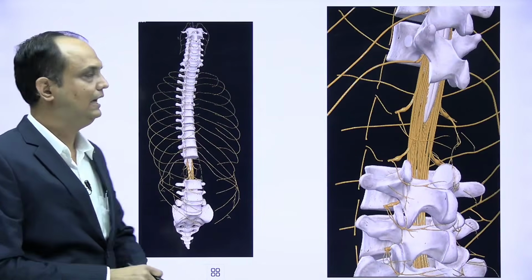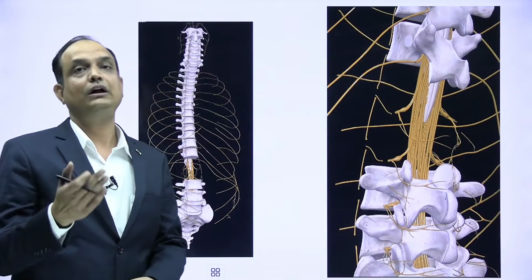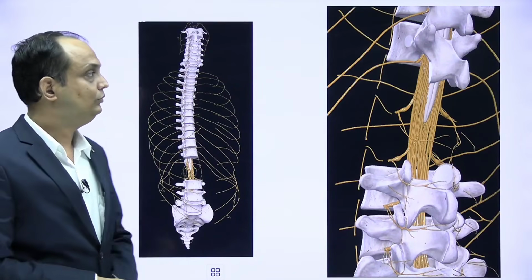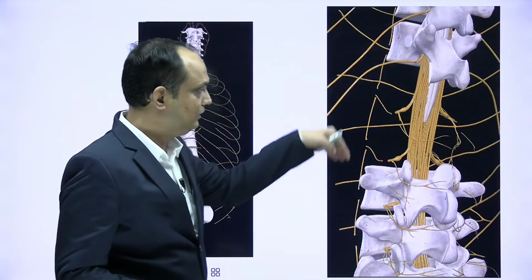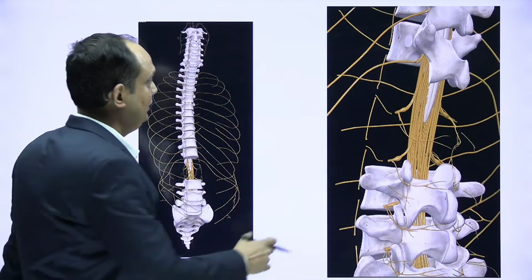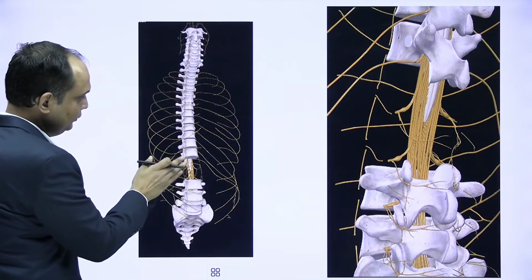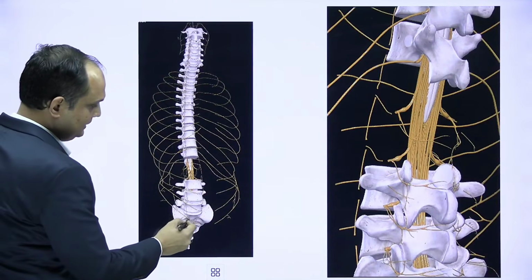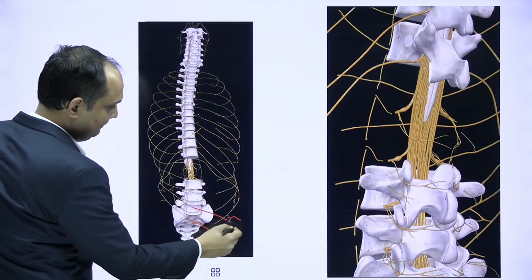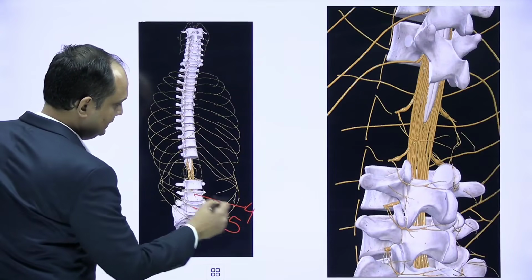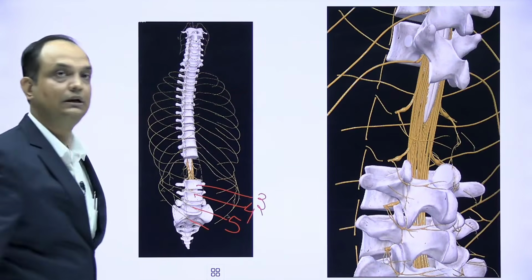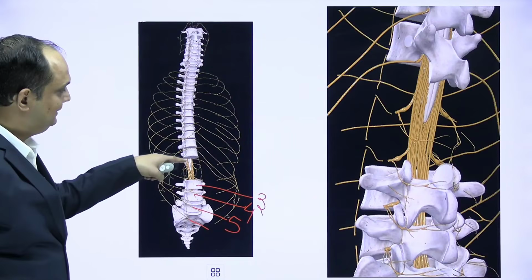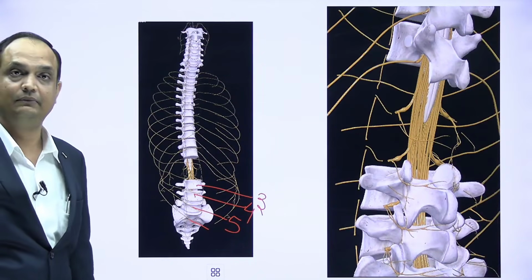Now here I am trying to show you at what level the spinal cord ends. You have to understand that the vertebral column contains the spinal cord. Now if you remove these lumbar region vertebrae, this is your sacrum, this is your fifth lumbar, this is your fourth lumbar, and this is your third lumbar. I have removed the second and first lumbar vertebrae.